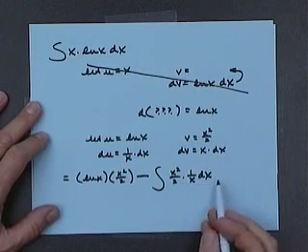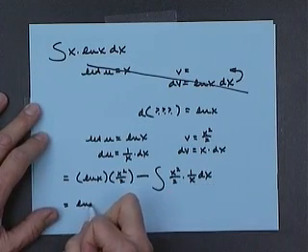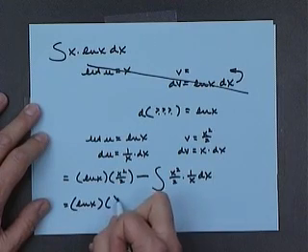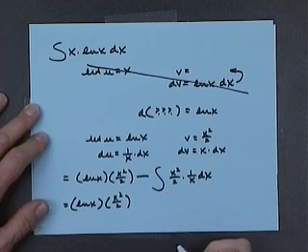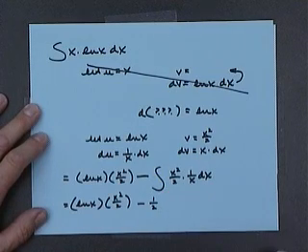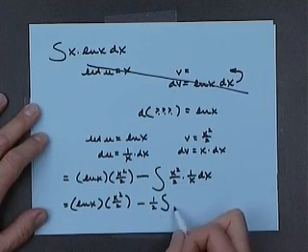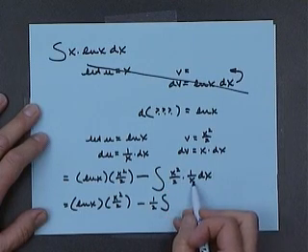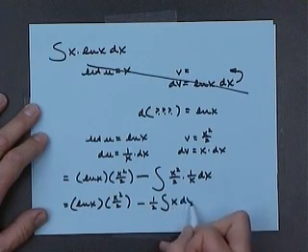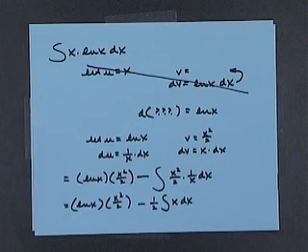We can put those together, right? Division by 2, we can bring out front. And what's x squared divided by x? It's just x, right?